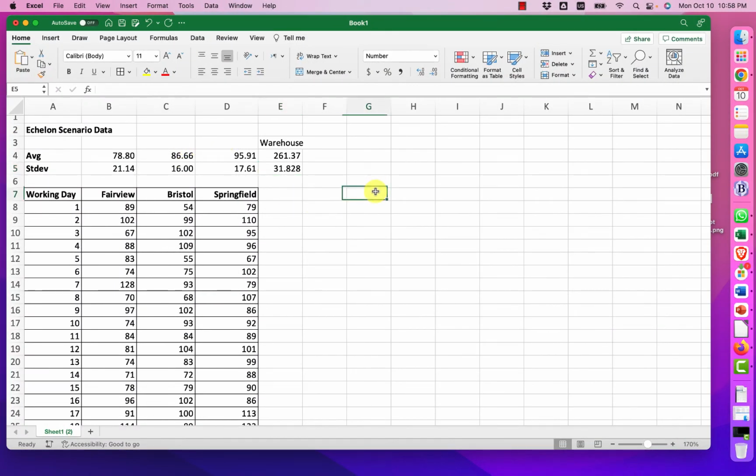So let's do that. So for Fairview, it's easy to find a safety stock and then find the reorder point, RP. Okay, for safety stock we need the z value, the z score, NORM.S.INV of 0.98 because cycle service level was 98%. We multiply the z score by sigma DLT, the standard deviation of demand during lead time.